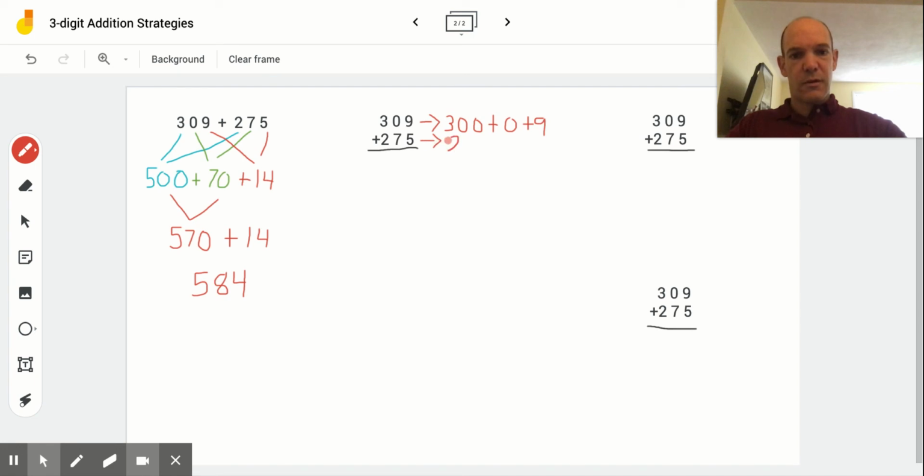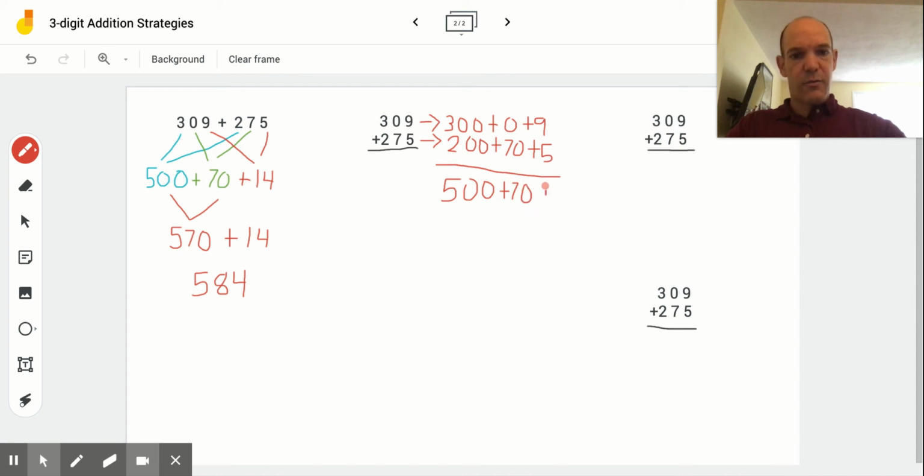200 plus there's 7 tens, so we would write that as plus 70. And there are 5 ones, so we say plus 5. So you may notice this actually ends up being pretty similar to what we do over here, because if we add that up now, we have 500, we have our 70, and we still have our 14.